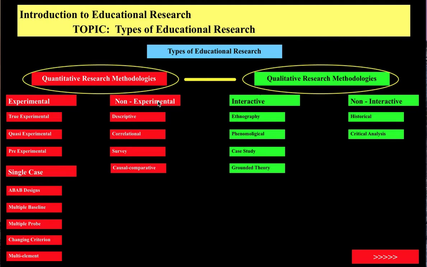Then we have non-experimental research designs. That is descriptive research is one. Descriptive research is like describing a situation right now, how it exists. It's like taking a photograph.